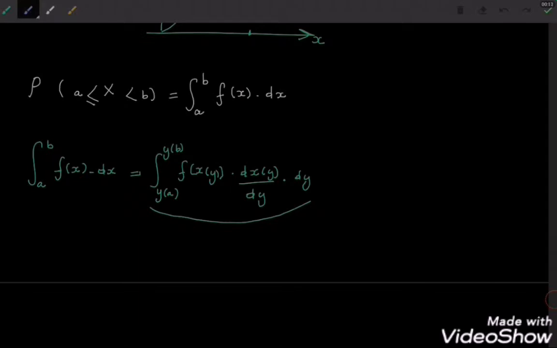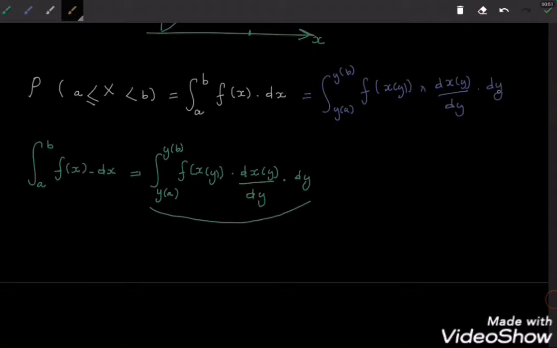Based on what I've just explained, we can find a variable y such that this expression is equal to the integral from y of a to y of b of f of x of y, multiplied by d of x of y divided by d of y, multiplied by d of y.